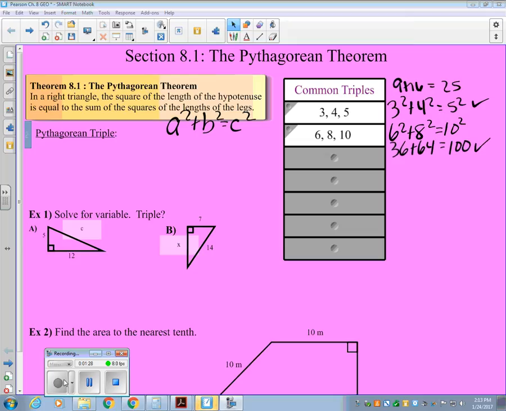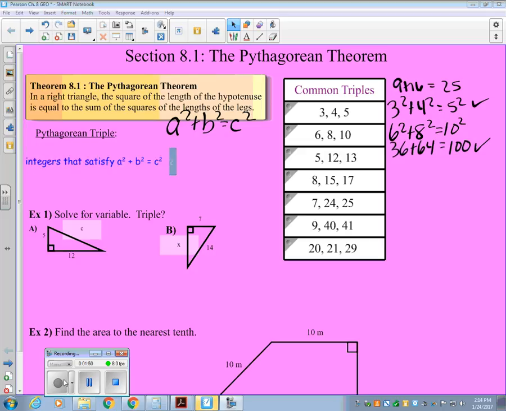So some other common triples are the 5, 12, 13, the 8, 15, 17, the 7, 24, 25, the 9, 40, and 41, and the 20, 21, and 29. So a Pythagorean triple are any three integers that satisfy the Pythagorean theorem a squared plus b squared equals c squared.